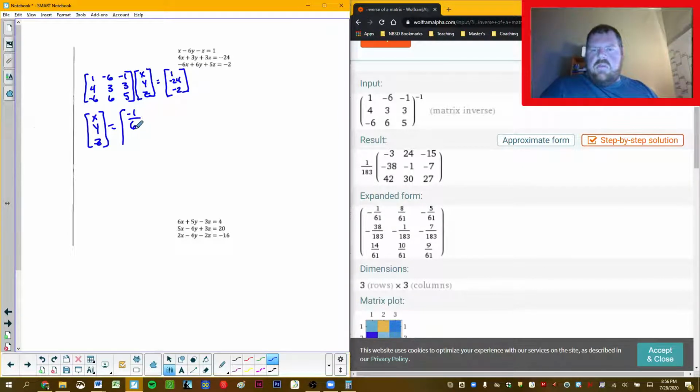Negative 1 over 61, 8 over 61, negative 5 over 61, negative 38 over 183, negative 1 over 183, negative 7 over 183, and then back to 61s, we have 14, 10, and 9.